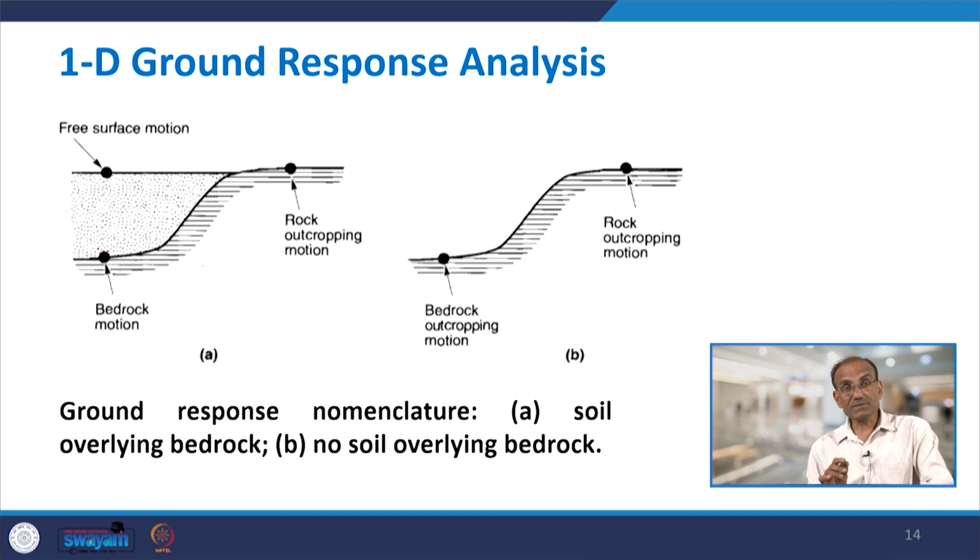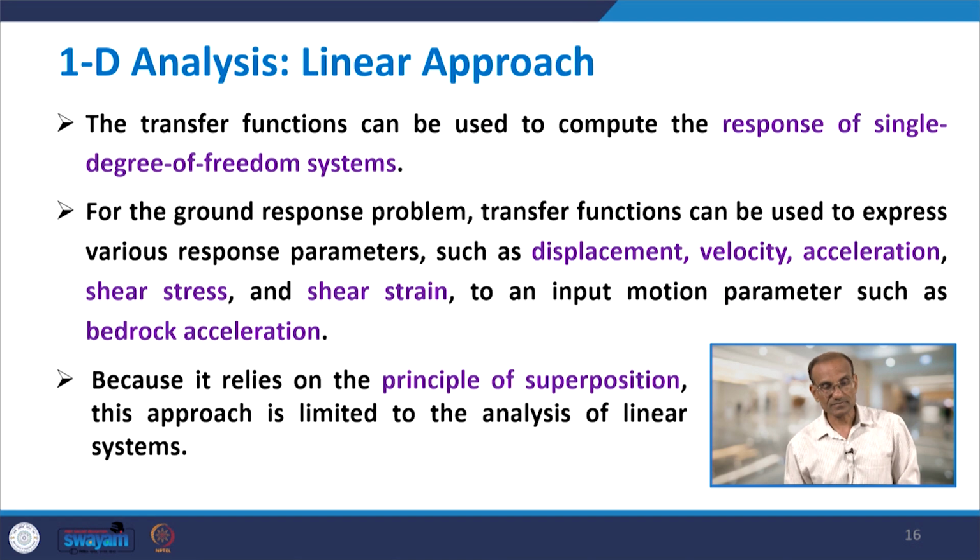But suppose you do not have any soil column and rock is not exposed to the ground surface, but is at some depth where no soil cover is there, then this is called bedrock outcropping motion. So, outcropping is common in these two cases, and bedrock is common in these two cases. So, these are the nomenclature generally used for ground response analysis.